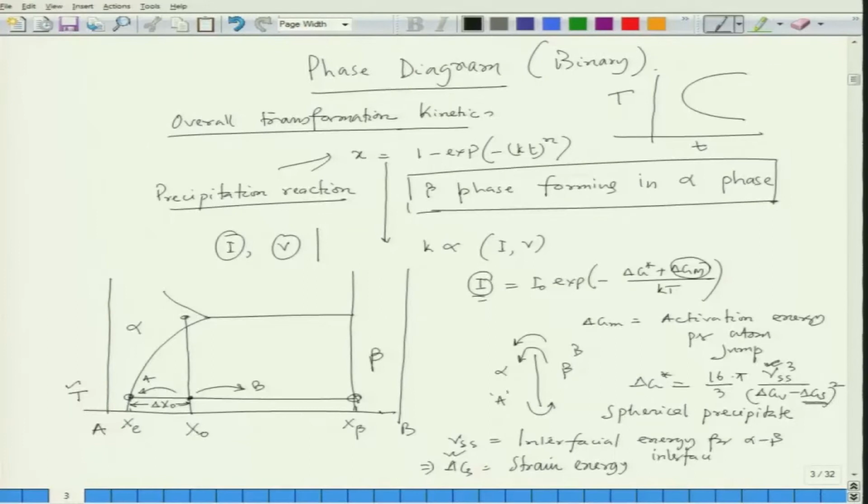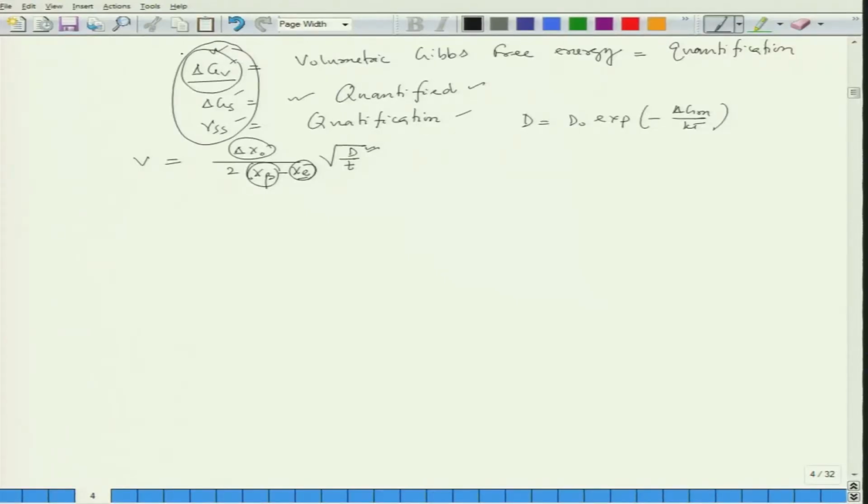Fine. We will definitely get into how a TTT diagram can be converted to a CCT diagram, but that will come later on. But first let us concentrate on how we can quantify these parameters. So, let us get into the phase diagram part first, which will give information about delta Gv.